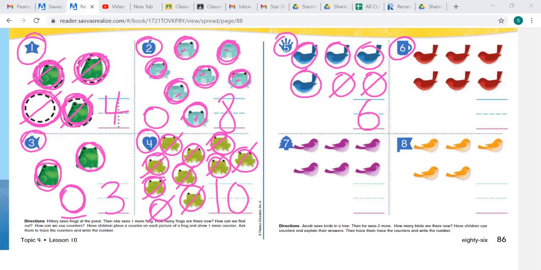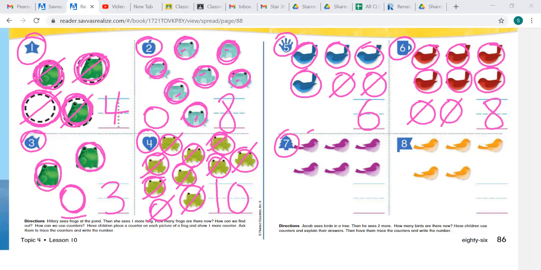Let's go to number 6. We have 1, 2, 3, 4, 5, 6. 6 birds in the tree, and then we see 2 more. What number comes after 6? 6, 7, 8. 8 counters to show 8 birds.